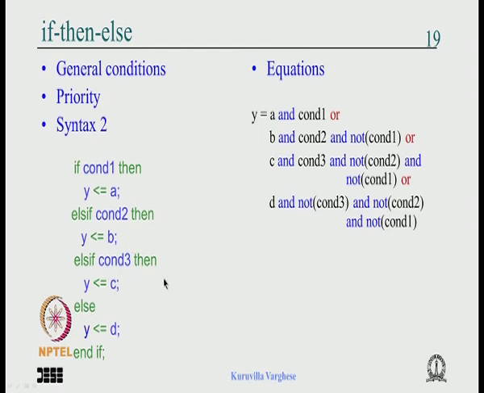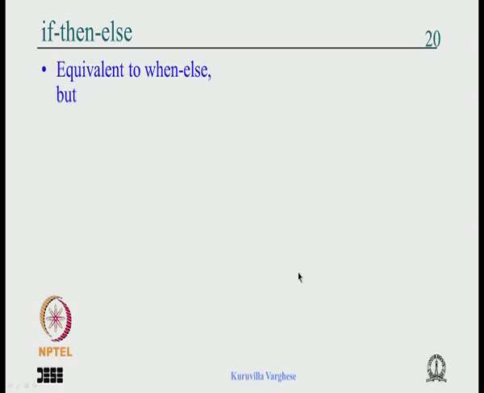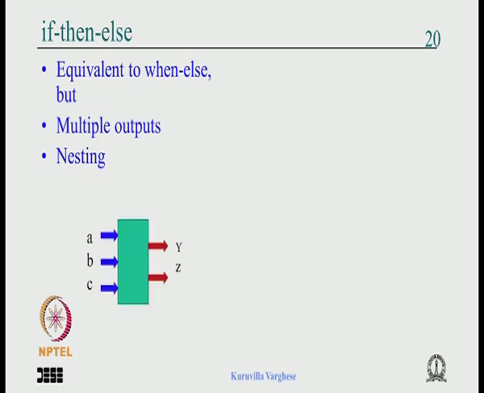It's not that you can go on nesting it; many synthesis tools limit the level of nesting because the equation can become messy and you are bound to make mistakes. So if-then-else is equivalent to when-else, but it supports multiple outputs and it supports nesting, which is very powerful. You can bring in a lot of complexity in description by these two, the multiple outputs and nesting.